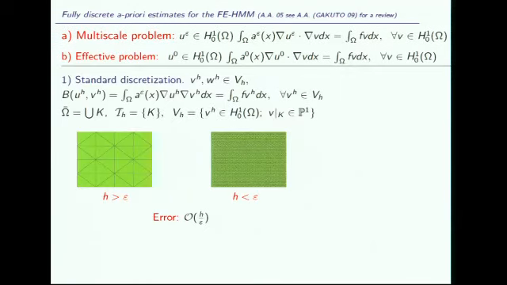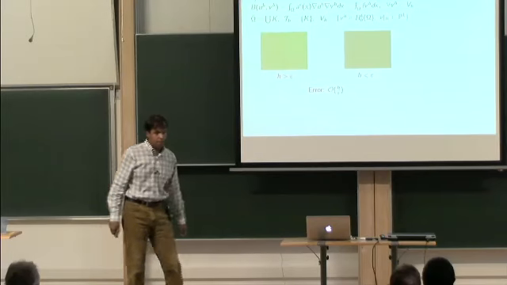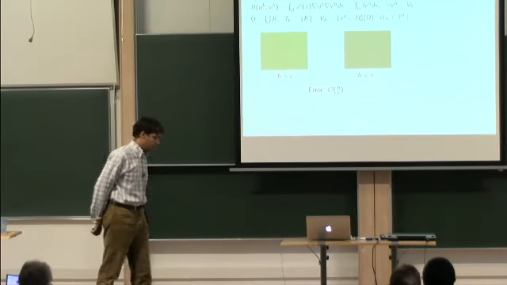Okay. So once again, what we could do here, and sometimes it's possible, is just to do a standard finite element. So we solve that problem here. We take a triangulation, and the only problem is that the error, in fact, with piecewise linear finite elements, is O of h divided by epsilon. Okay.